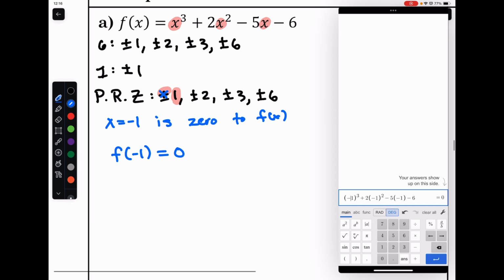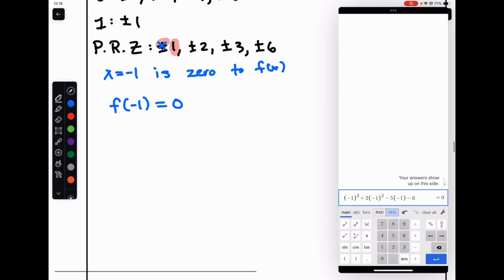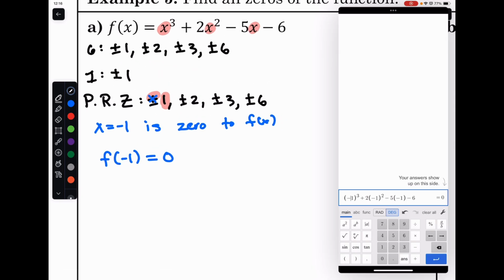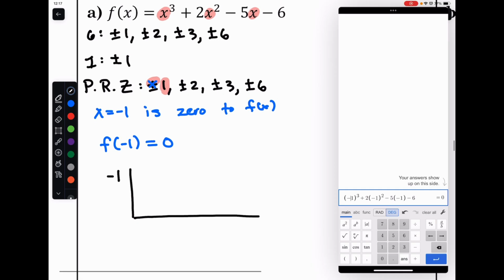Since I know that that is a solution, I'm going to use it to divide my polynomial using synthetic division. I'm going to set up a synthetic division problem. I'm going to put negative 1, my zero, here. The coefficients of my polynomial are 1, 2, negative 5, and negative 6. I'm going to follow the technique of synthetic division to divide this by the factor of x plus 1.